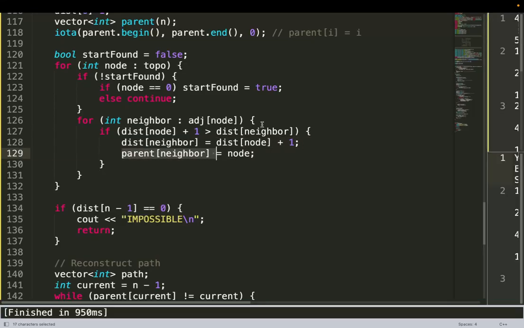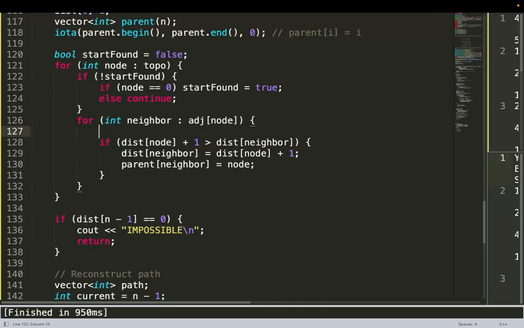I would have simply written something like this as well, that distance of neighbor is equal to max of whatever is the value of distance of neighbor, comma, distance of node plus 1, because you are going from node to the neighbor, right?